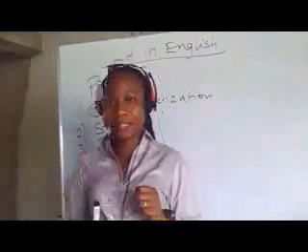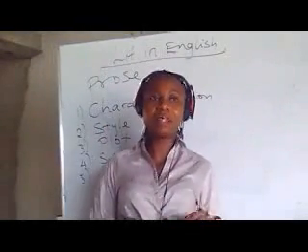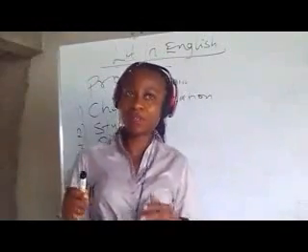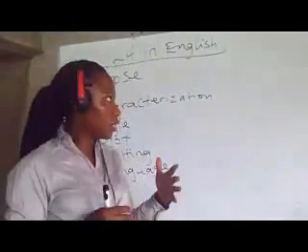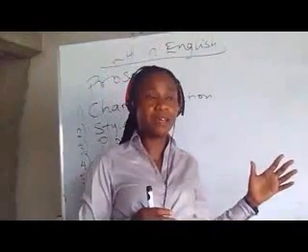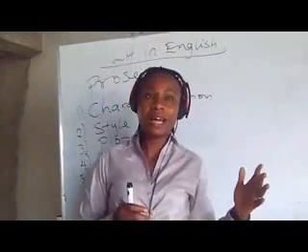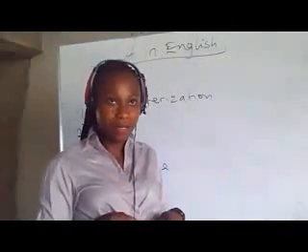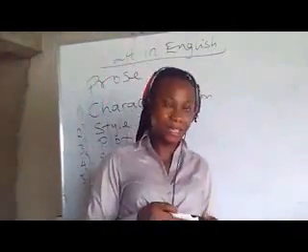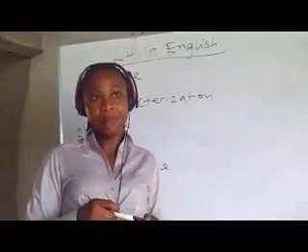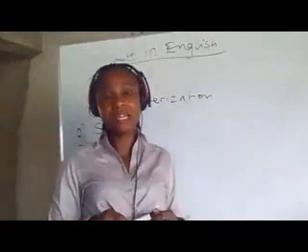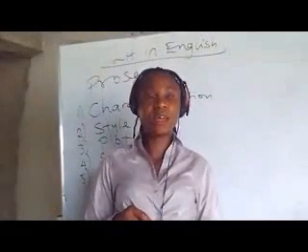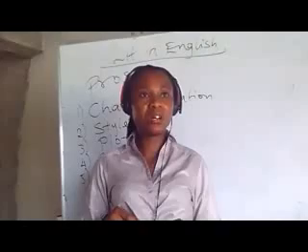Now we have the setting. The setting here means the location in which a story is written. For example, there's a novel titled Purple Hibiscus. Purple Hibiscus has its setting in the southeast, specifically Enugu State. That is where the setting of that novel is.